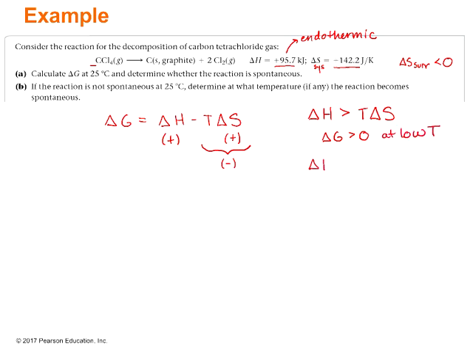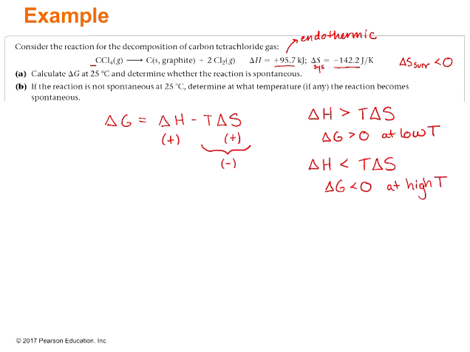But then if delta H is less than T delta S, what does that tell us? So that tells us that T delta S is greater in magnitude. It's also negative. So then that would mean delta G is negative. But also if T delta S is greater in magnitude, that means temperature is high. So this would be at high temperature.